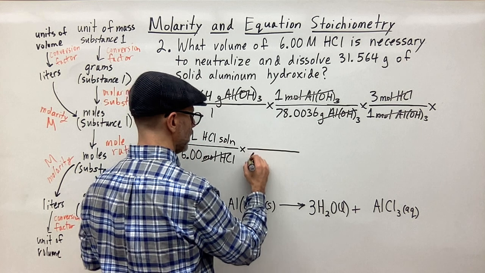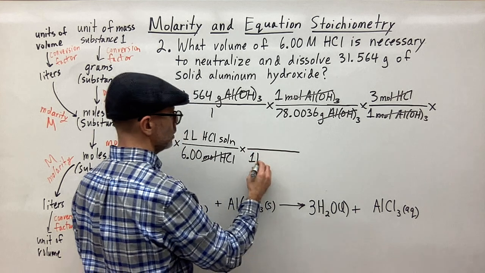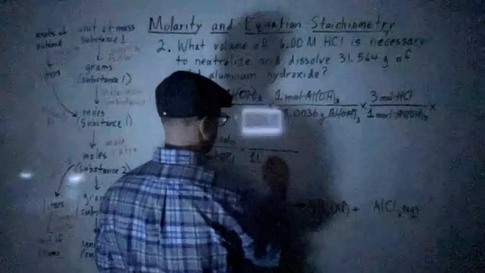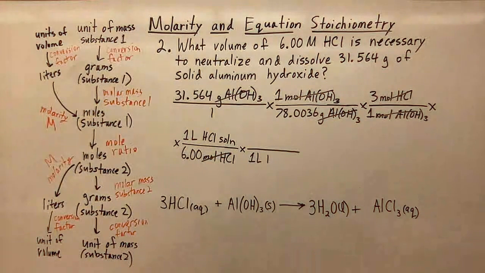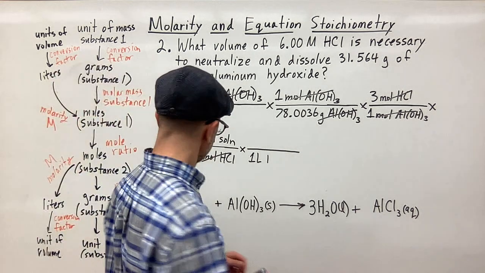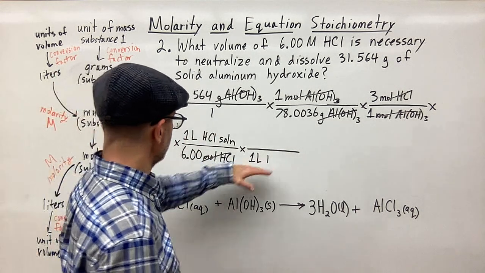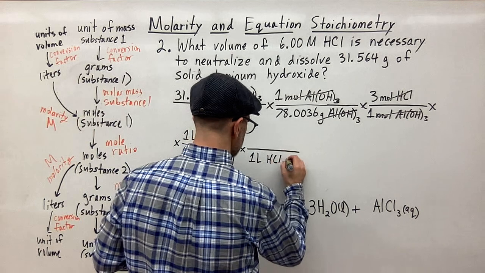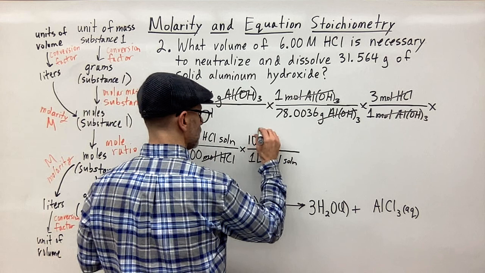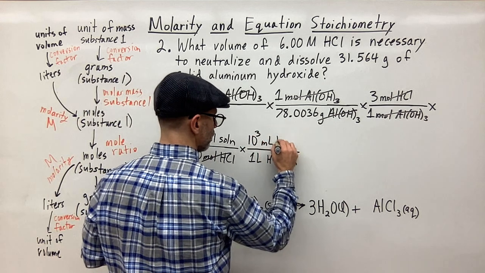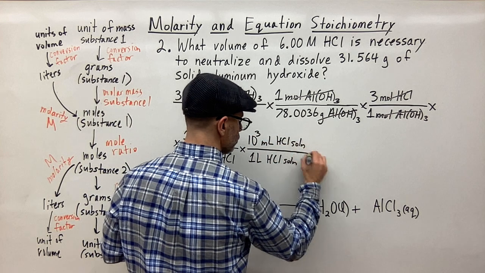So I'm going to put 1 liter on the bottom. Sorry about that. So I have 1 liter of HCl solution goes on the bottom, and then that means that 1,000 milliliters or 10 to the third milliliters of HCl solution goes on top.